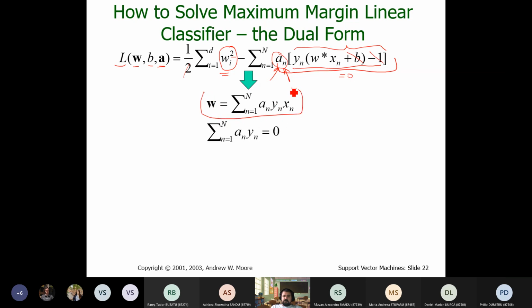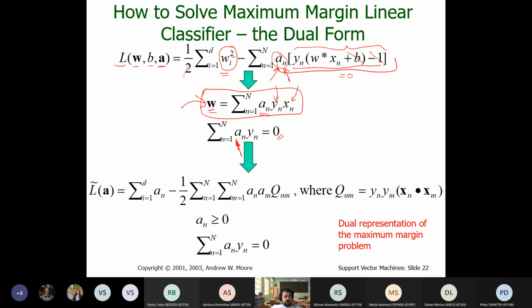So this is what we get when we derive the loss and set it to 0. This is how we obtain the weights with the help of these Lagrange multipliers. We also have the restriction that the summation of an, yn must be equal to 0. So first we will need to find these parameters an, and then once we have the values of an, we can compute the values of w as we have both yn and xn.